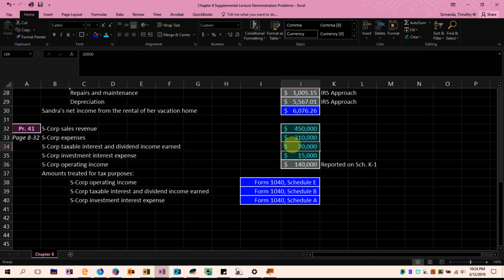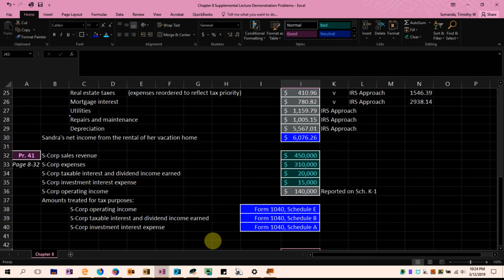That gets reported on Form 1040 Schedule B. And then finally, the investment interest expense is reported on Form 1040 Schedule A, and that offsets investment income. Okay, so that's a brief rundown of some of the tax forms we'd use for income passing through to the owners. It could have been the exact same allocation if we were talking about a partnership instead of an S corp.